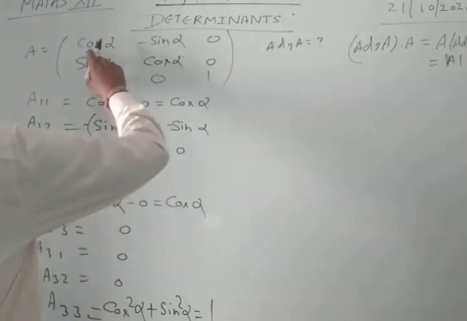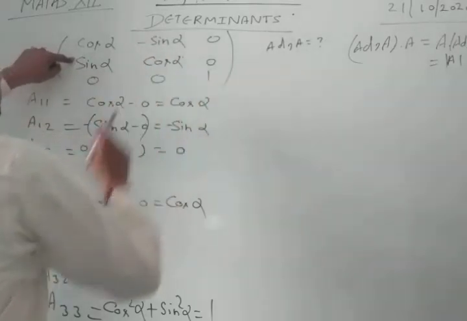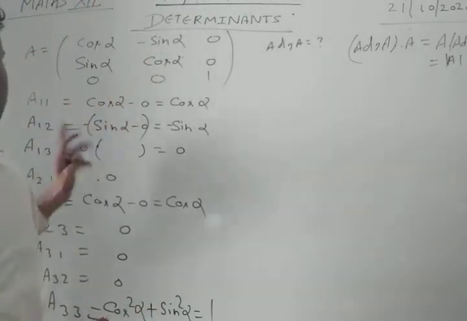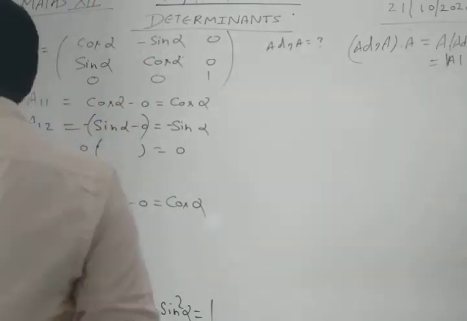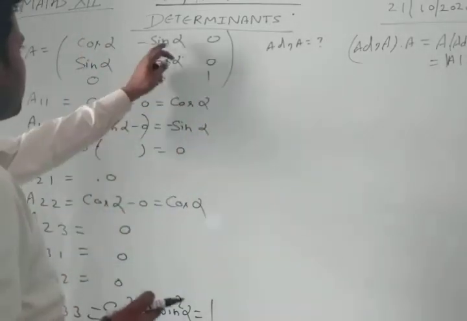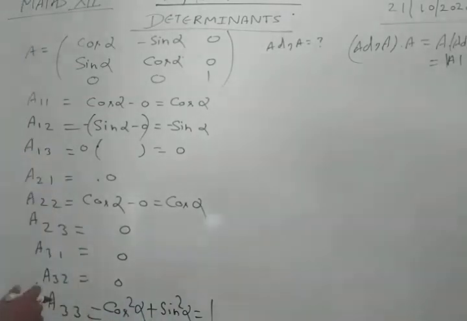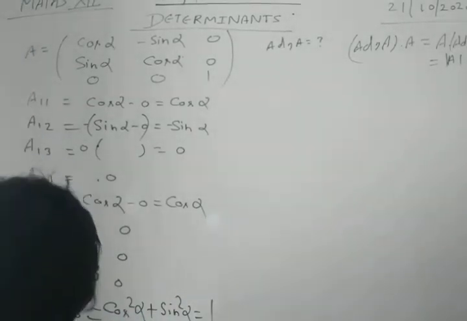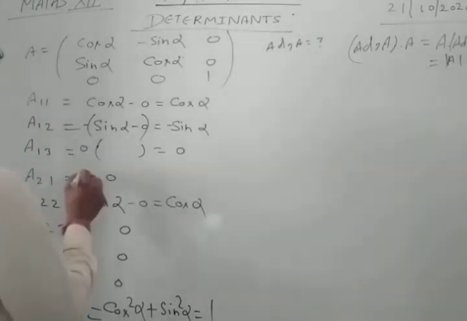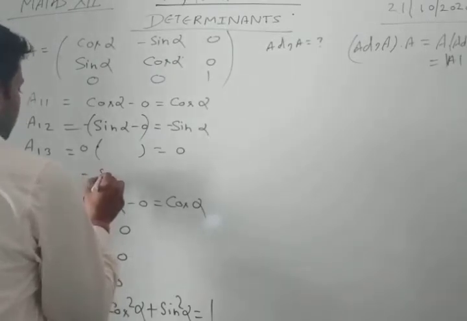This is cancelled, so minus sin alpha, and with the negative sign it will be minus sin alpha.